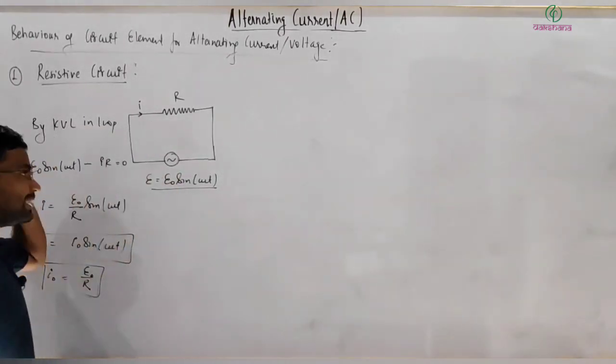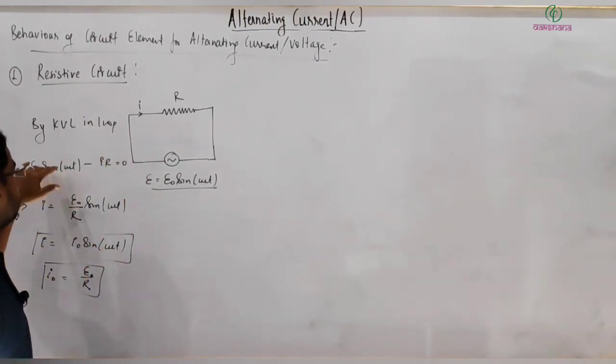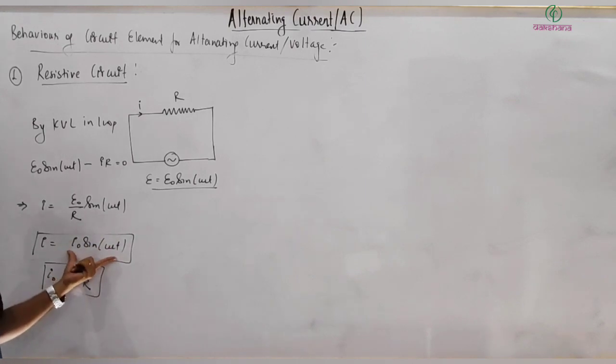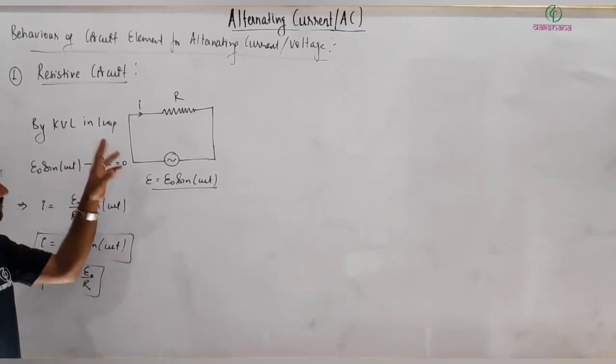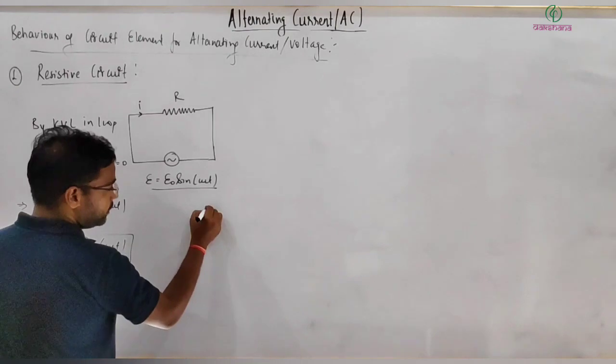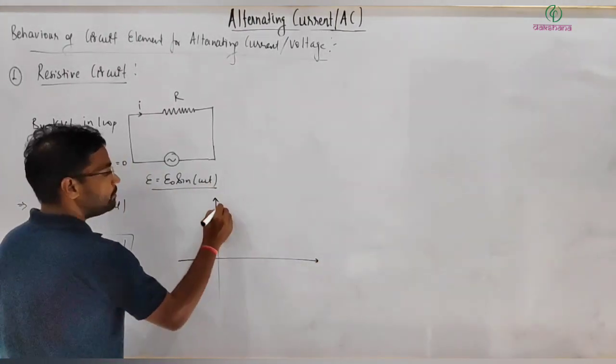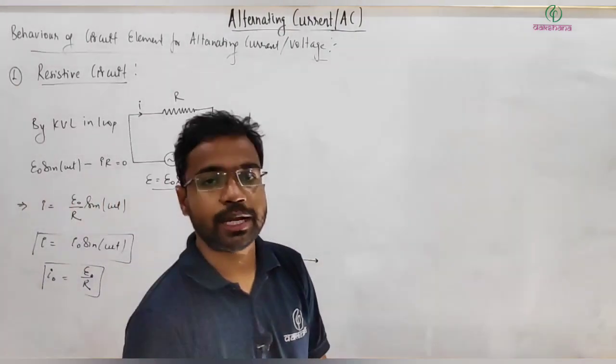So here we can see it's behaving in the normal way. This is the EMF applied, the potential difference, and the current we are getting is also an alternating current, because that will also vary exactly. If I draw the phasor diagram, you can see this is a pure resistive element.